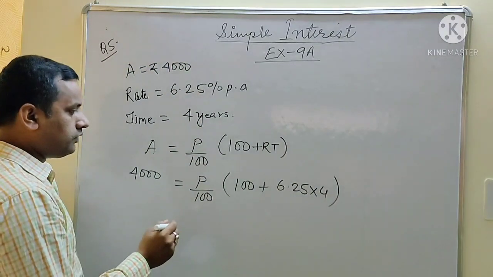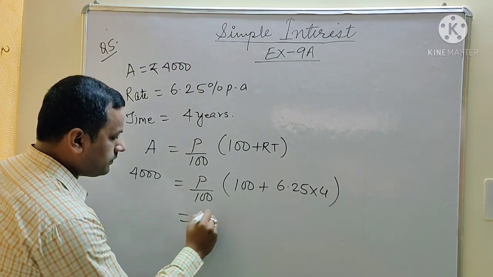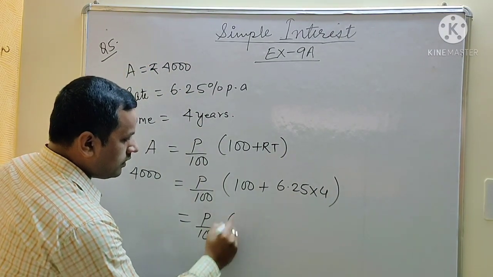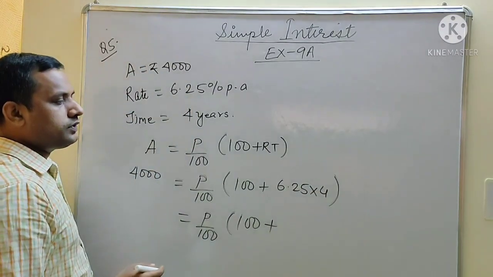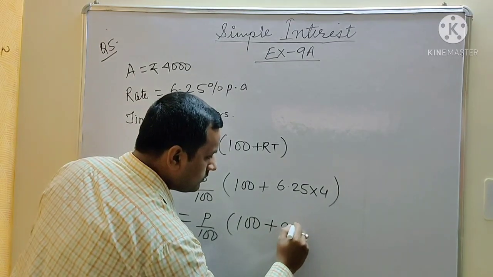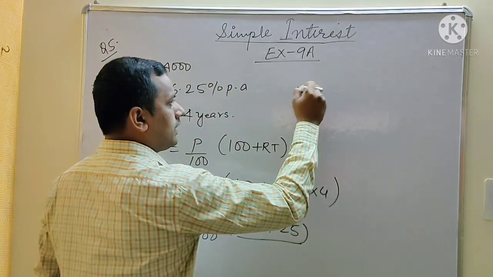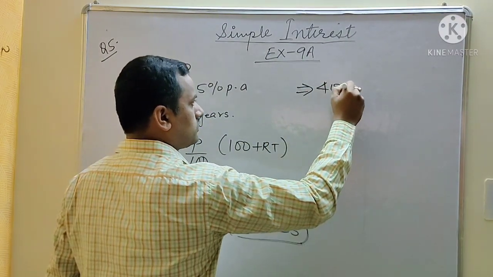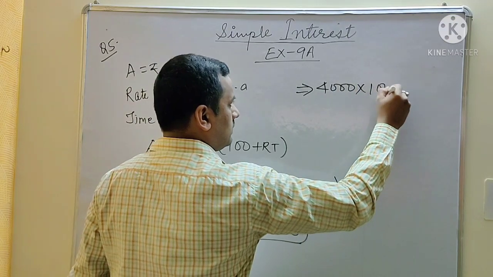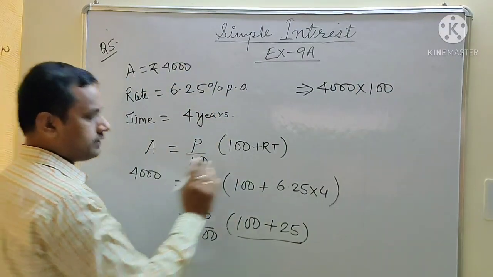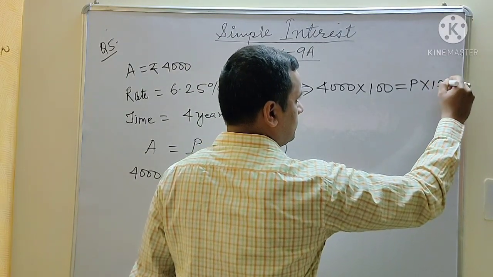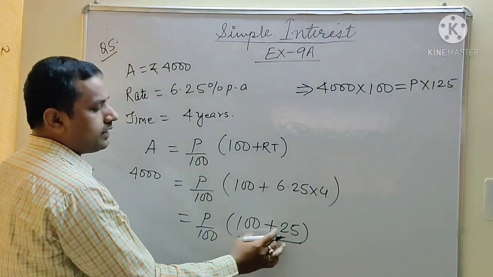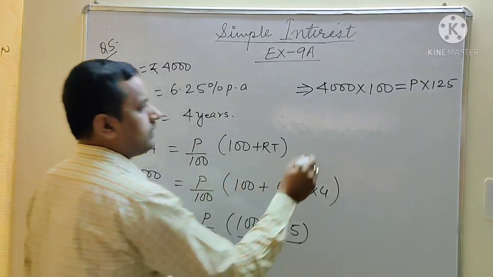So we multiply 6.25 into 4, that will be 25. Therefore we can write 4,000 into 100. This 100 is transposed to the left hand side, and we can write P into 125. After addition we get 100 plus 25, that is 125.